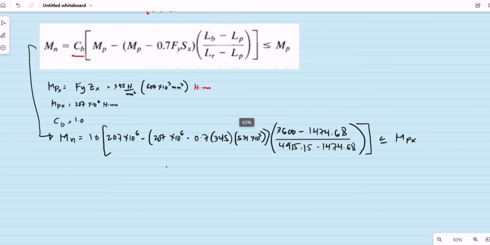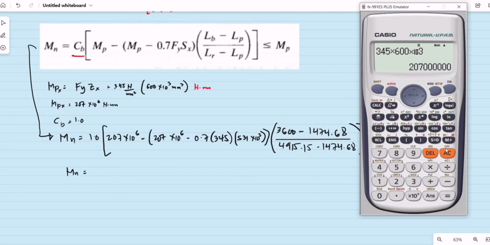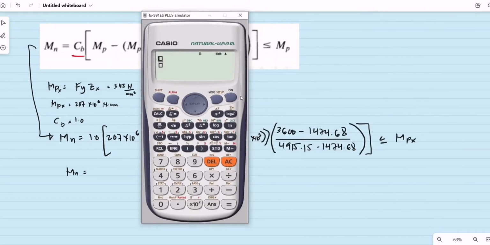So let us compute for the equivalent of the nominal moment M sub n. Let's start with the proportion of the lengths. So we have 3,600 minus 1,474.68 divided by 4,915.15 minus 1,474.68.